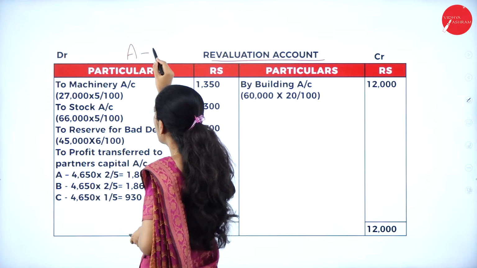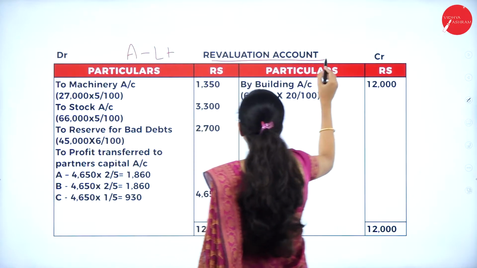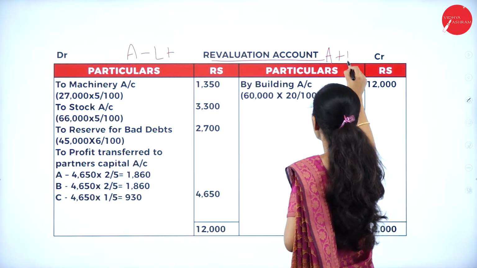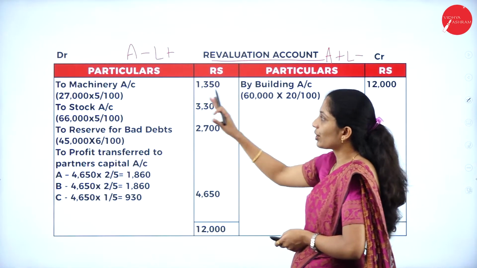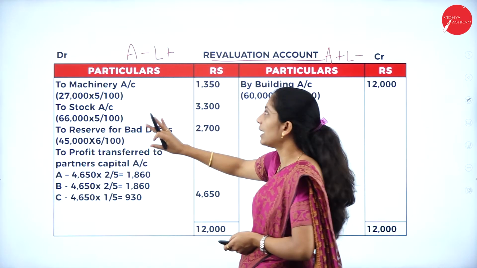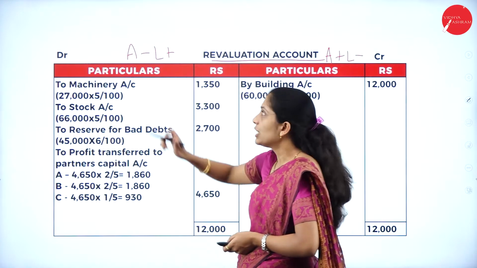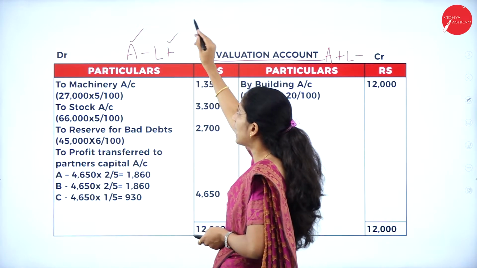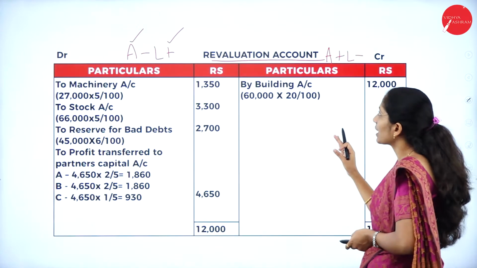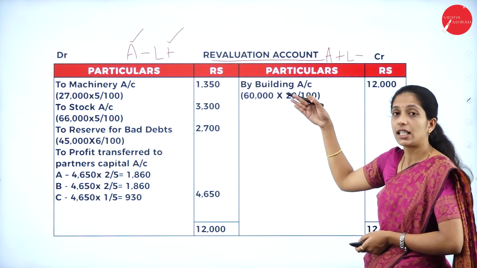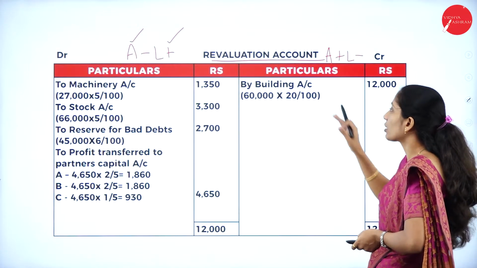Same as your admission, A minus L plus, whereas here also A plus and L minus. So you will record increase or decrease in the value of assets and liability. If any assets have decreased and liability have increased, you are going to record in the debit side.